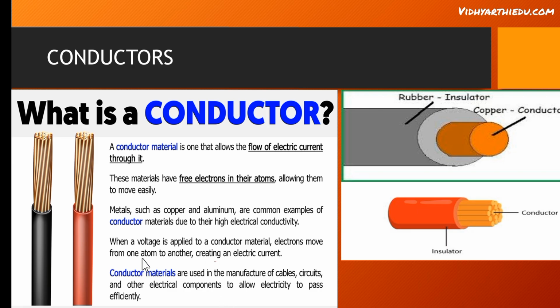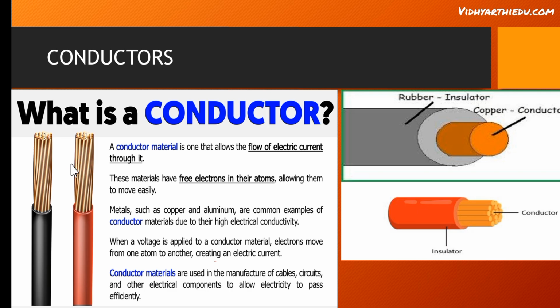See, these are electric cables. This is the insulation. Insulation is the material which doesn't allow the electric current to pass through it. This is the insulation part, and these are the conductors. They will allow the flow of electric current.